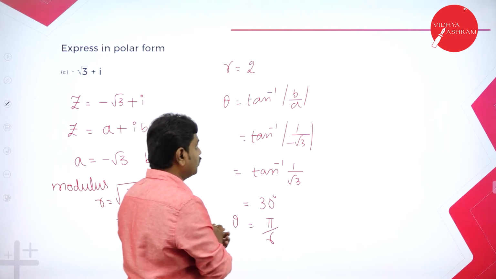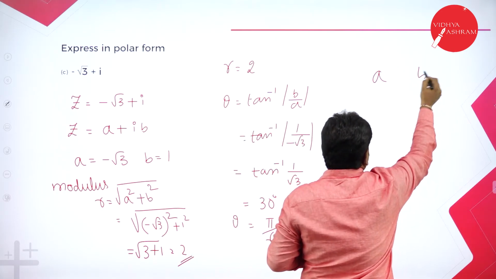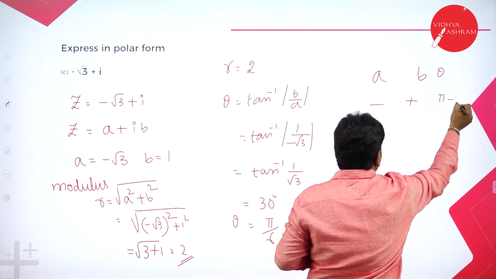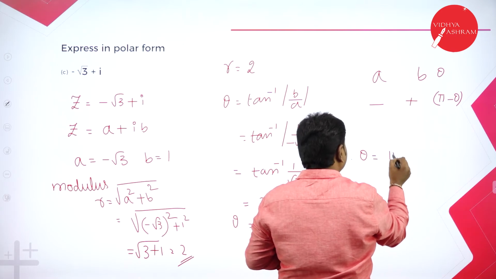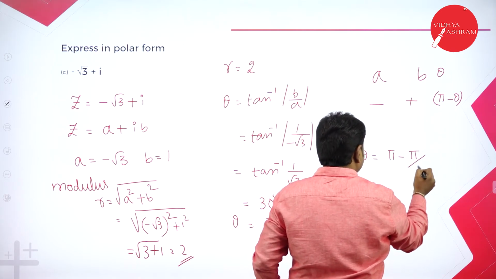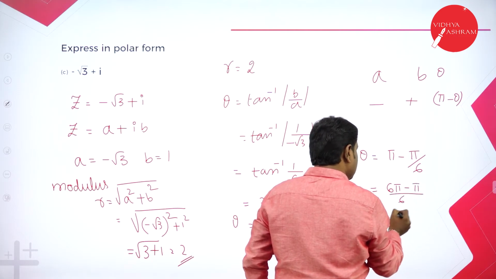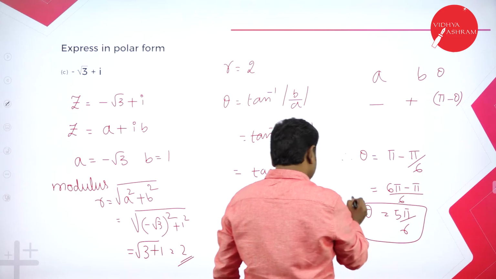But now see the table here, x is negative, so here a is negative, b is positive. If a is negative and b is positive, you should take pi minus theta. So therefore argument is pi minus pi by 6. Taking LCM 6, that is 6 pi minus pi by 6, that is 5 pi by 6. Your argument is 5 pi by 6, it is not just pi by 6.